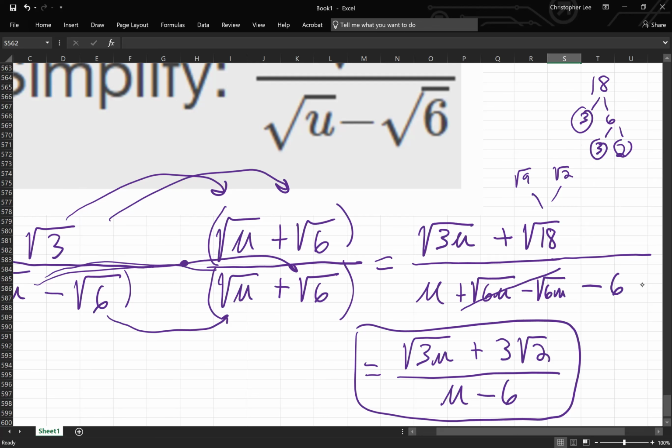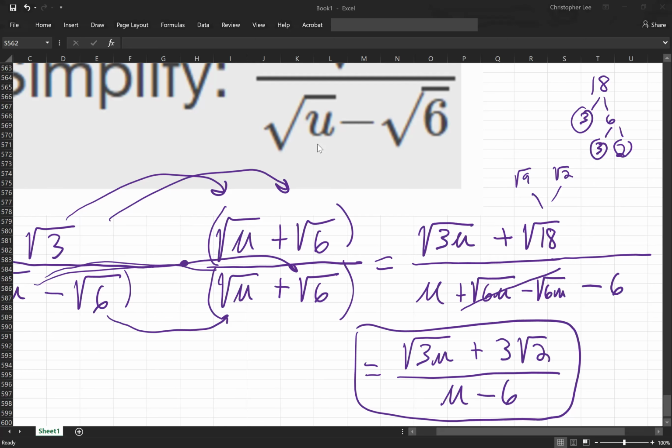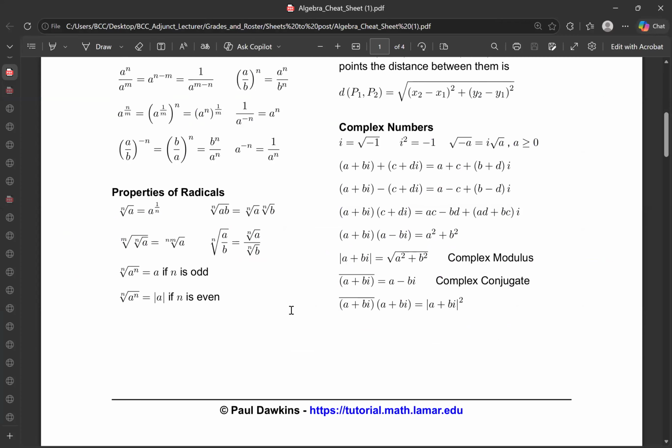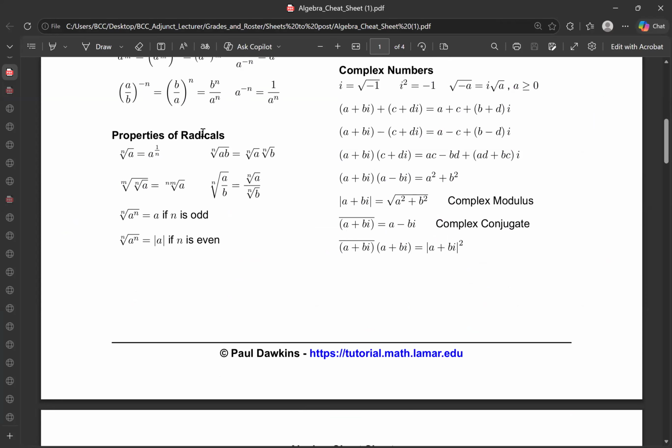Where is that sheet you said to look at? Oh, on the formula sheet? So you see right here where it says properties of radicals, right? So we're talking about this one right here. You see the nth root of a over b is equal to the nth root of a over the nth root of b.